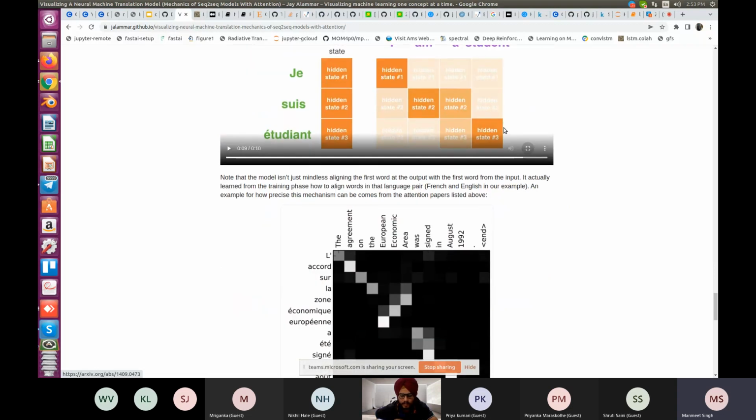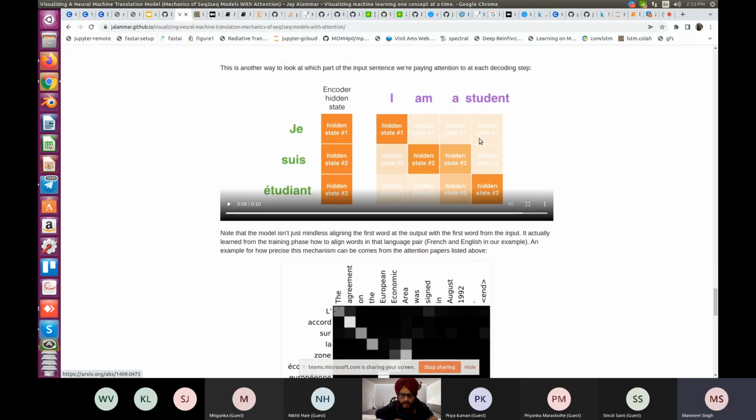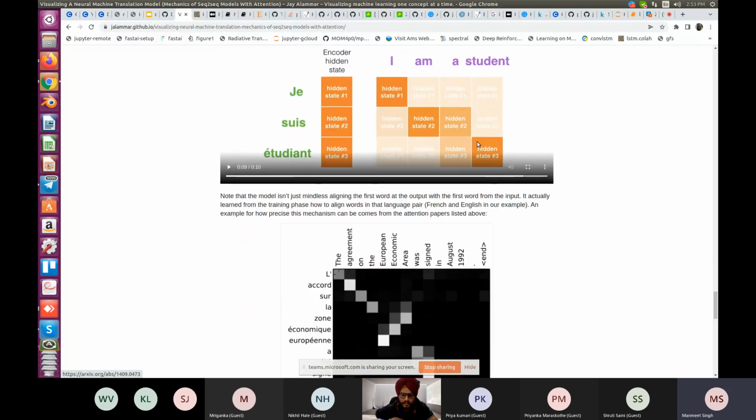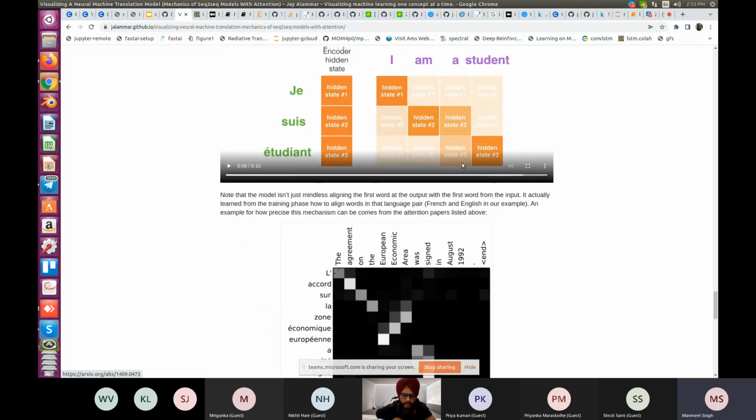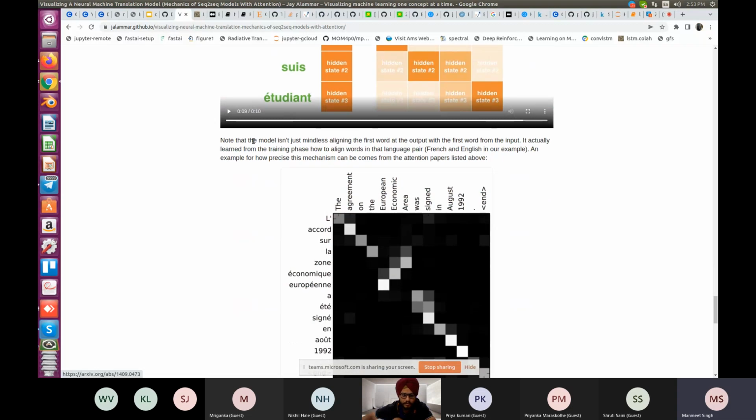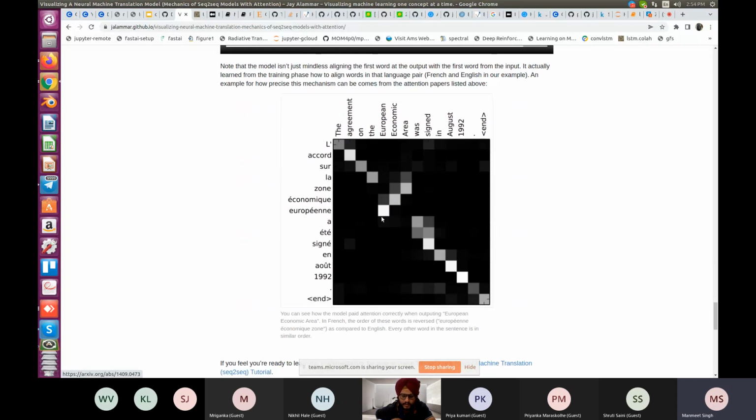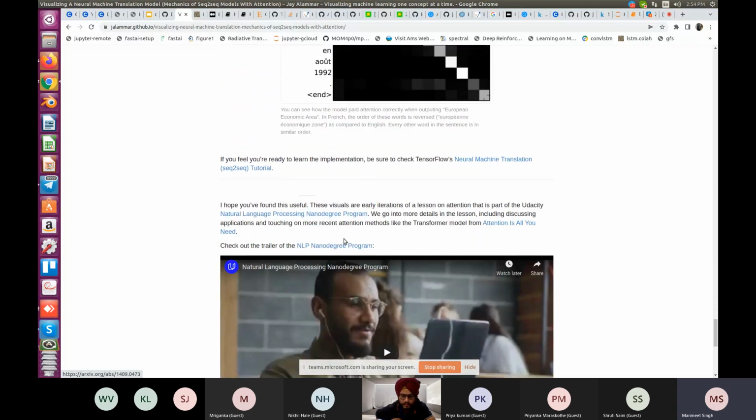These are the encoder hidden states, which are then passed on to the decoder. This model isn't just mindlessly aligning the first word at the output with the first word from the input. It actually learned from the training phase how to align words in a language pair. In an example, you can visualize the attentions corresponding to the different words.